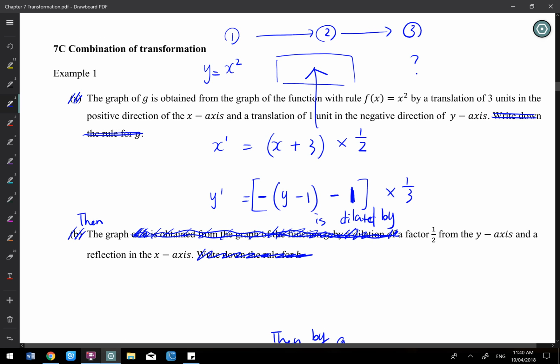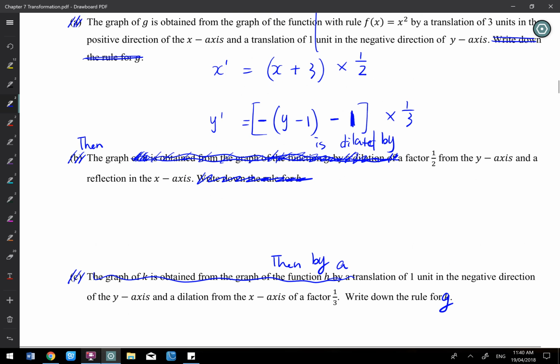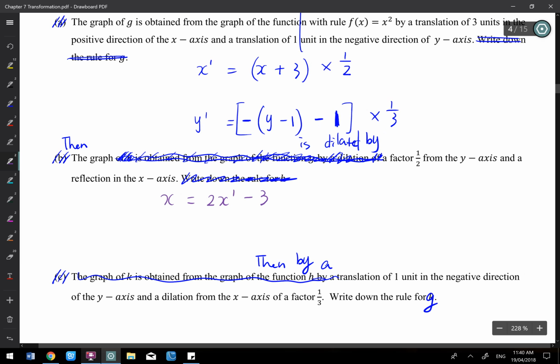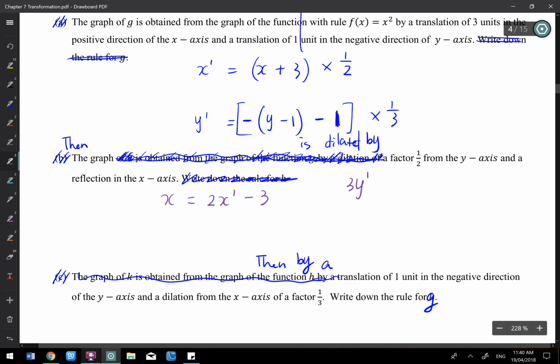Now I want to replace x and y by x dash and y dash. We need to rearrange it in order to substitute. So my x equals 2x dash minus 3. Y is a little bit annoying, I'll go step by step. I'll times the 3 on both sides first. So 3y dash equals, let's see what happens in this square bracket.